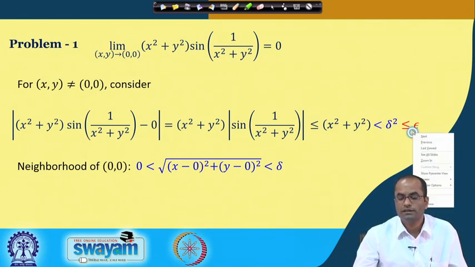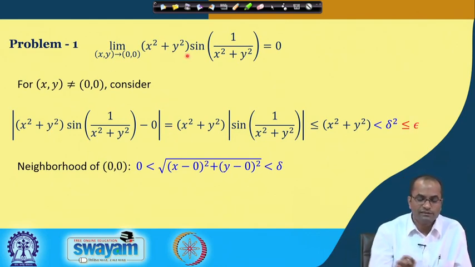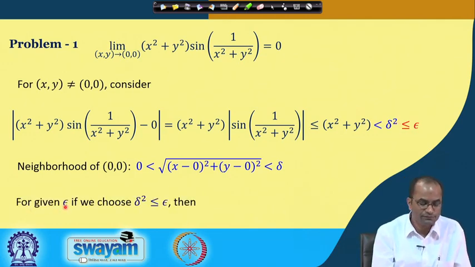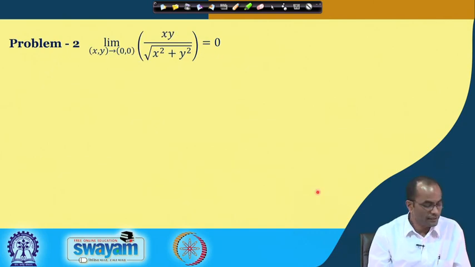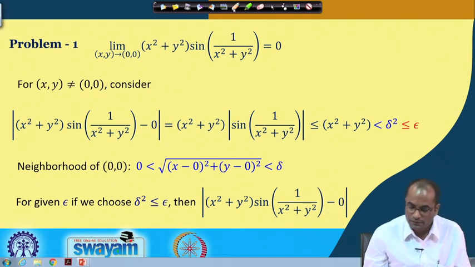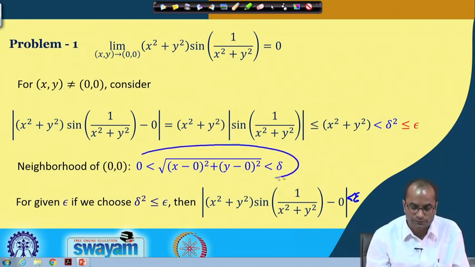For a given epsilon, if we choose delta such that delta square is less than or equal to epsilon, then this difference between the function value and its limiting value will be less than epsilon, if we take (x,y) from this neighborhood.